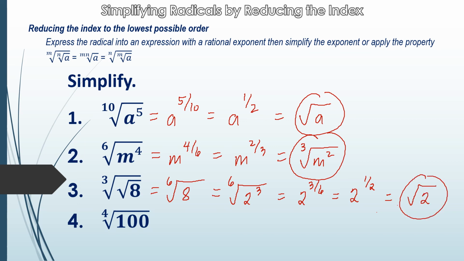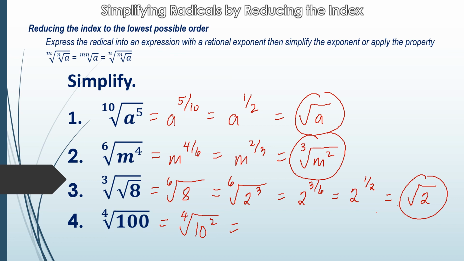Let's have another example. The fourth root of 100. First, we can express 100 in exponential form. We know that 100 is the same as 10 raised to the second power. After that, we write fourth root of 10 squared in exponential form.